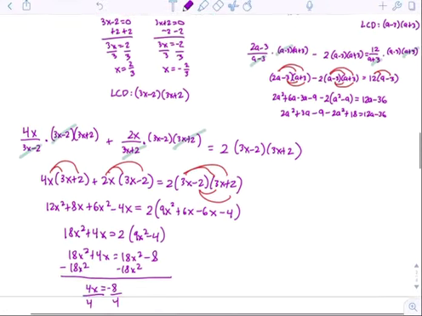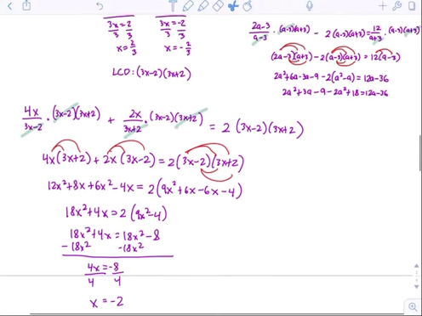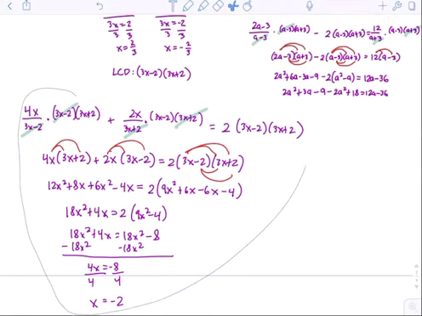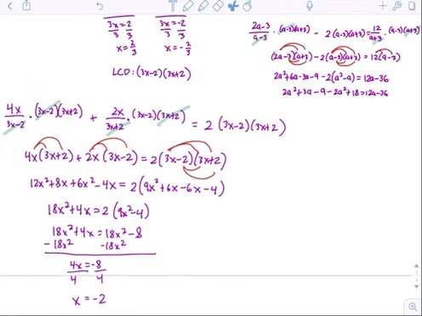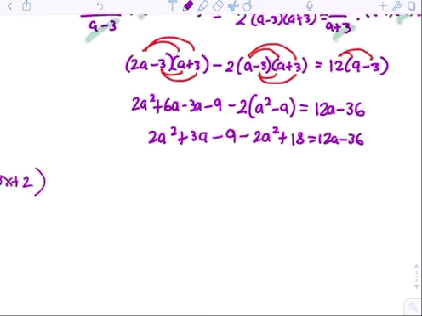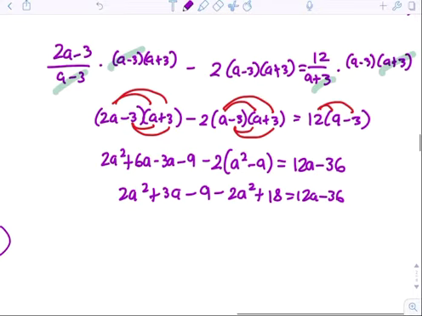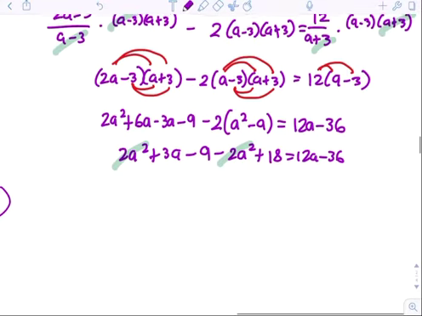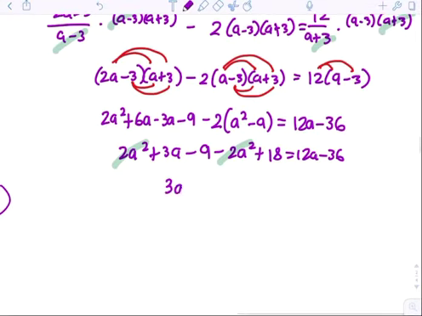I'm going to move this to the side. So, 2a squared minus 2a squared, those cancel. And then I'm going to get 3a plus 9 equals 12a minus 36.